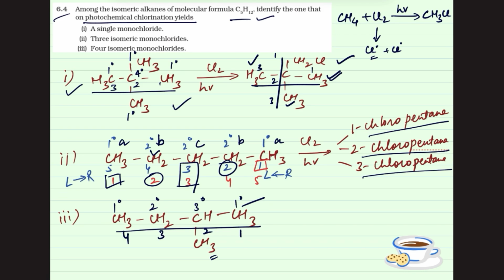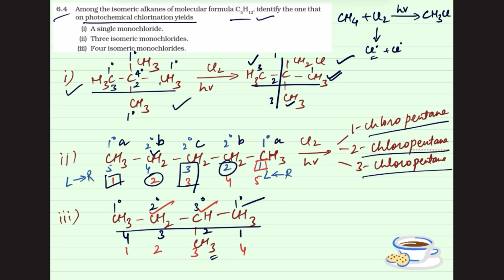The product will be 1-chloro-2-methylbutane. If chlorine is bonded to this carbon, that is the tertiary carbon, then the product will be 2-chloro-2-methylbutane. Again, if the chlorine is bonded to this secondary carbon, to give the lower locator number to the carbon bonded to chlorine, the chain will be numbered from left to right, that is 1, 2, 3, 4.